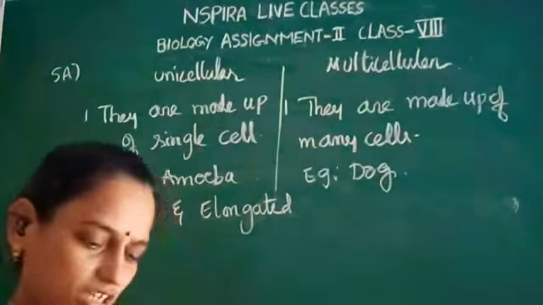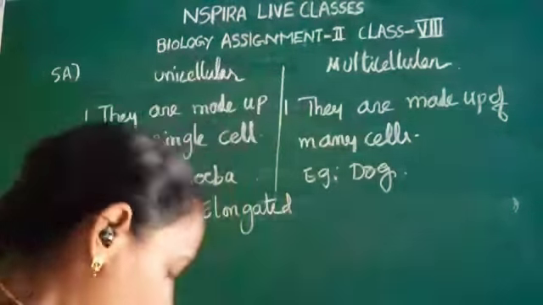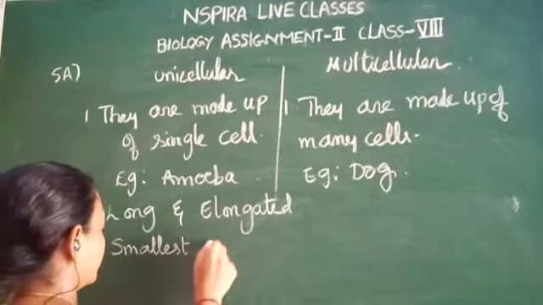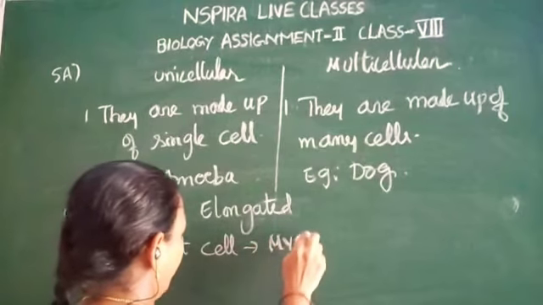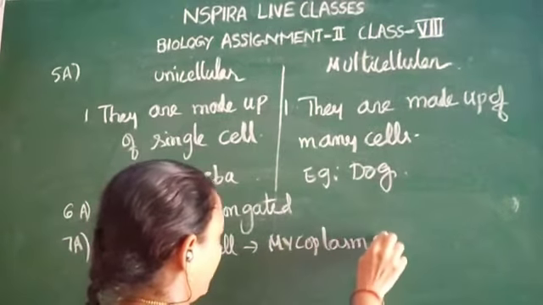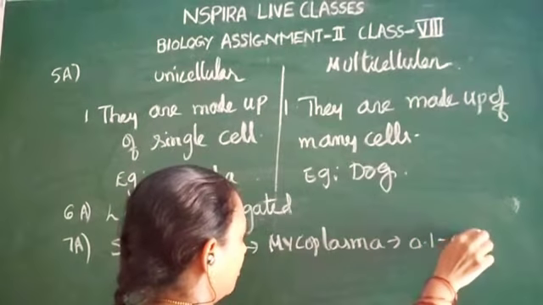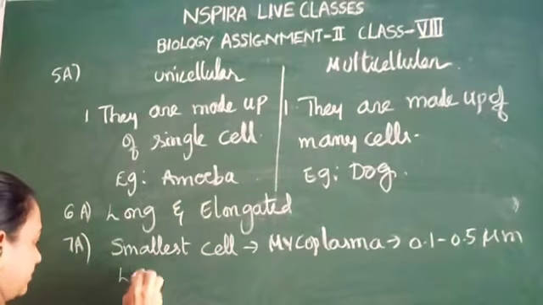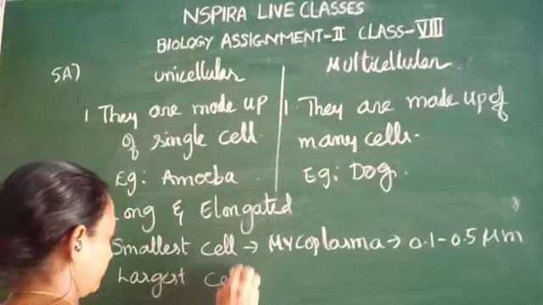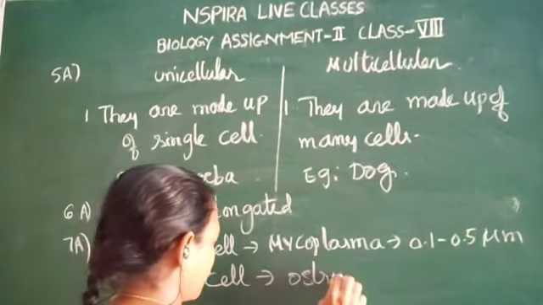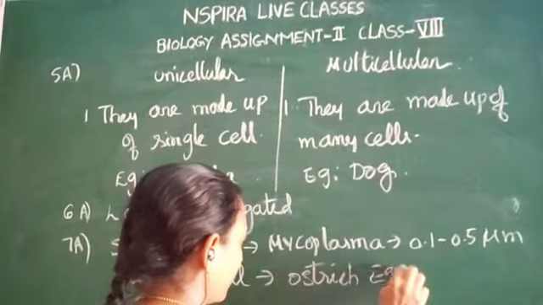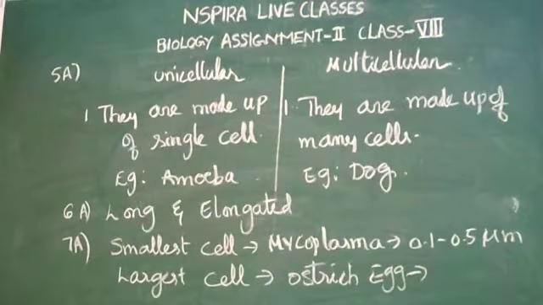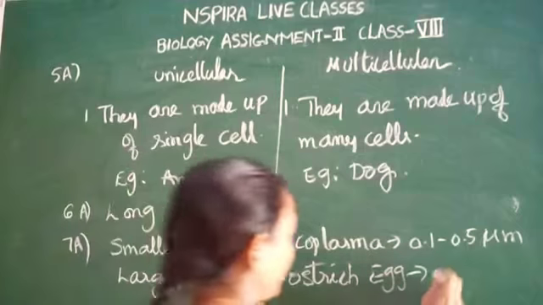Write the smallest, largest and longest cells with sizes, as I asked. Smallest cell: Mycoplasma or PPLO, 0.1 to 0.5 micrometers. Largest cell is the ostrich egg, and it is of the size of 17 centimeters into 18 centimeters.